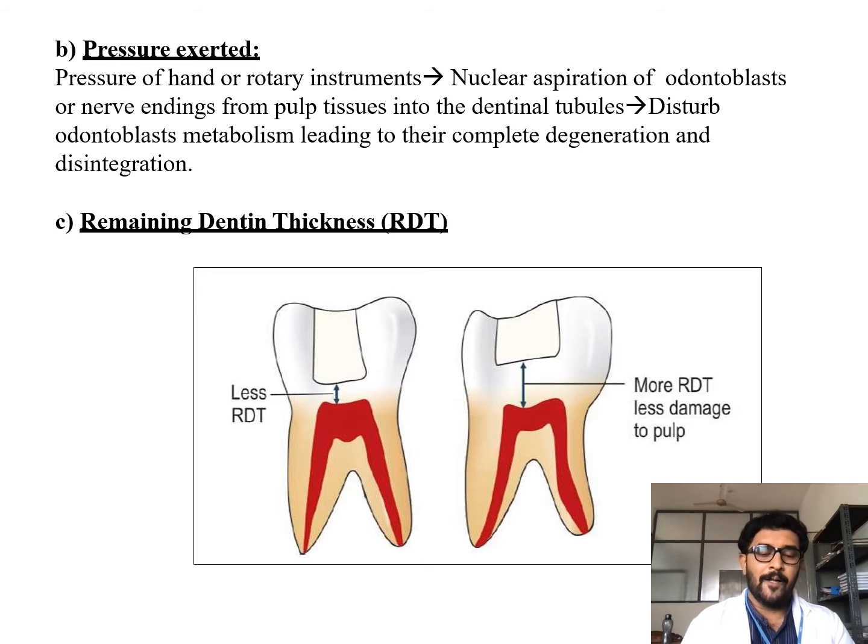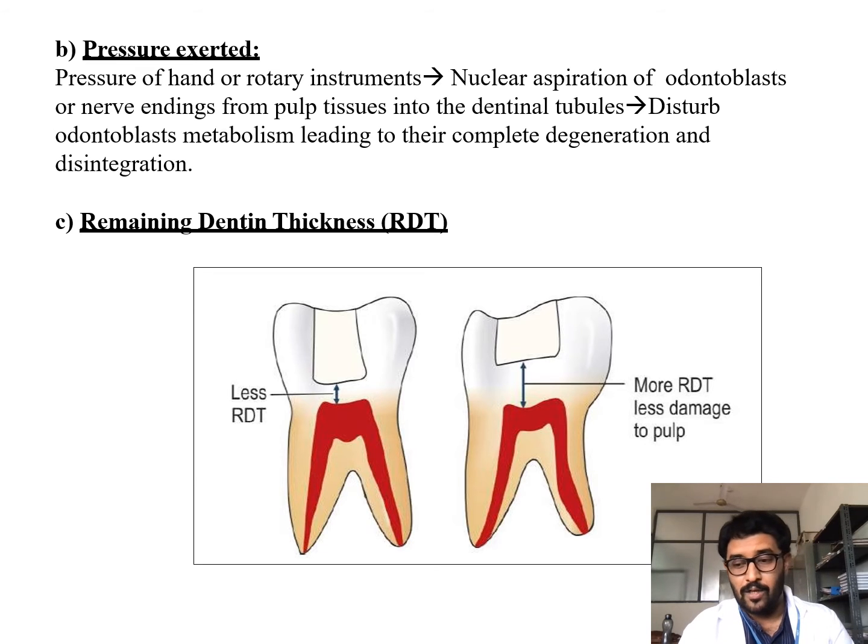Because when we do preparations in your preclinicals, you will not have an air or water dispensing tool, and you don't have any sensitivity, because it's a dummy thing you are working on. But in a live patient, the dentinal tubules are sensitive, and they get sensitized when you cut a tooth structure.